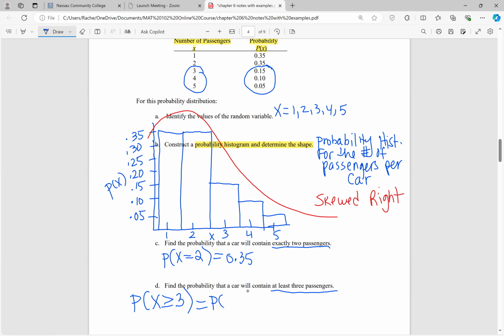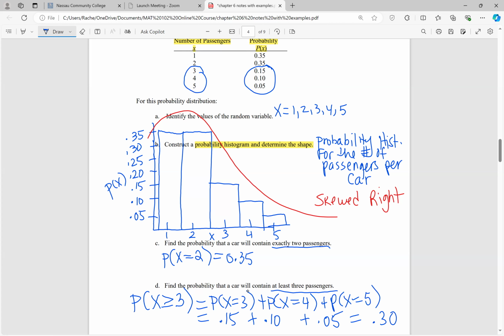We add the probability that X equals 3 plus the probability that X equals 4 plus the probability that X equals 5. So we have 0.15 plus 0.10 plus 0.05, and that equals 0.30. So there's a 30% chance that a car is going to contain at least 3 passengers.